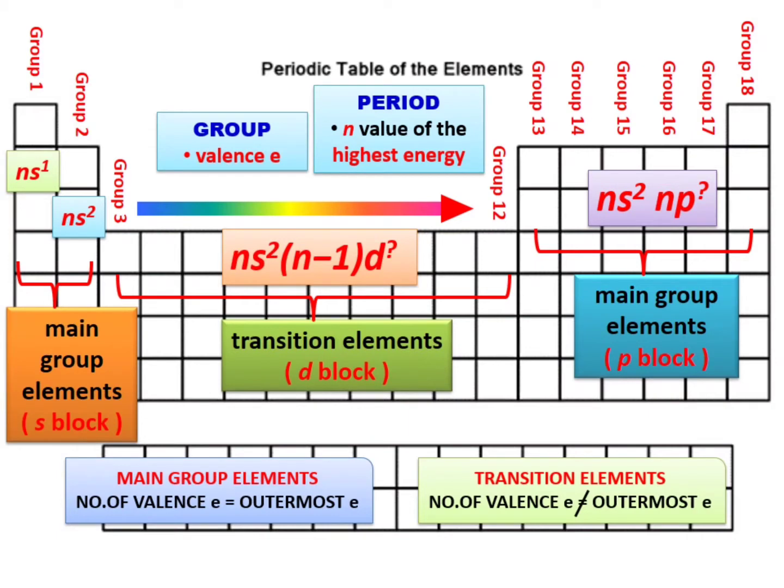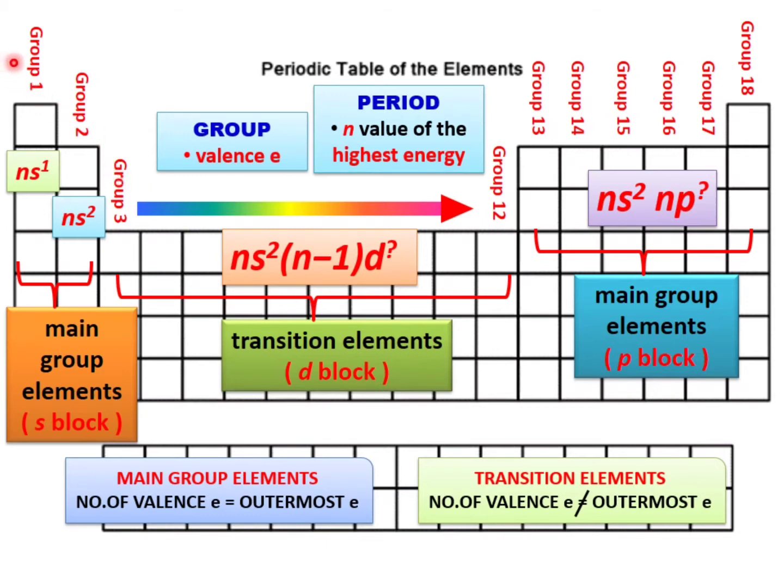Okay guys, so this is how we want to identify the group, period and block. So saya dah buat satu summary untuk you all, bagi you nampak macam mana we want to identify the group, period and block.